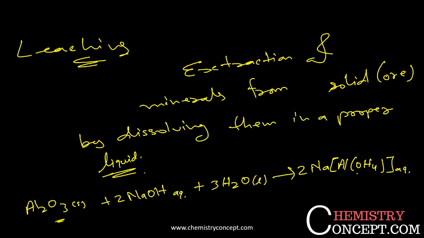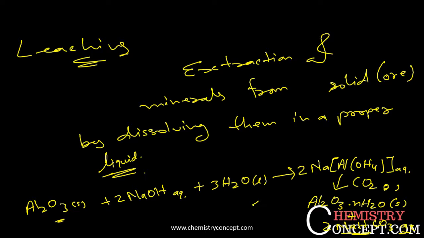This is in aqueous media. So when you pass carbon dioxide gas through this, what will happen? We will get Al2O3.xH2O, that will be in solid form, and also we will get this NaHCO3, that will be in aqueous form. This is the sodium bicarbonate.